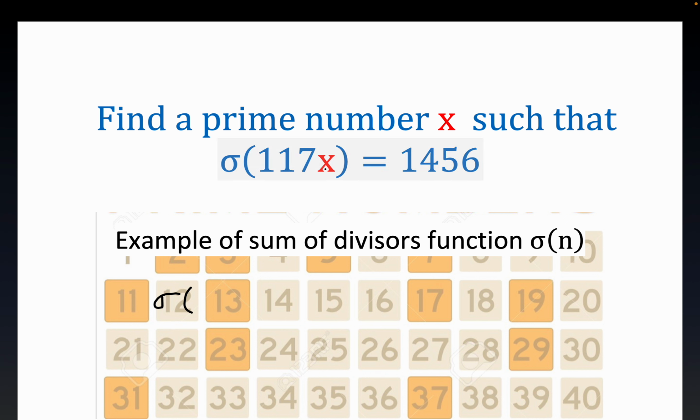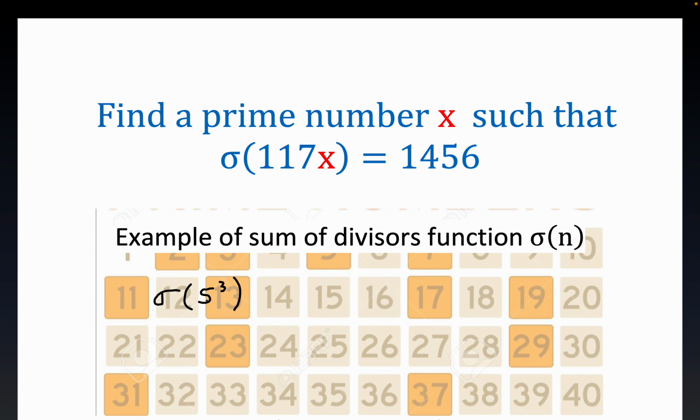We're just looking for a prime number, but let's look at the prime power, let's say 5 cubed. Okay, 5 cubed. This literally means to sum up all of the divisors of the number 5 cubed. You don't even have to know that's equal to 125 to do this, but you do know, because of the uniqueness of the prime factorization, that those divisors are 1.